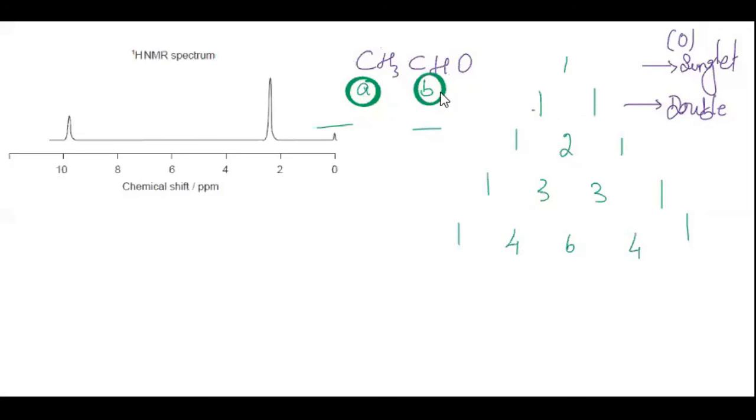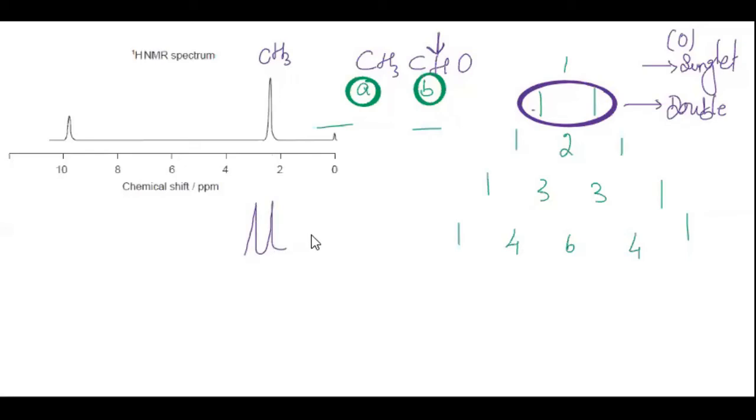The CH3 in environment A, because of its neighboring hydrogen, will be split up into a doublet, as we can see here. So this will be split up like this.